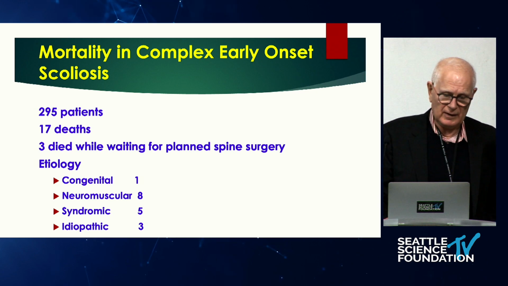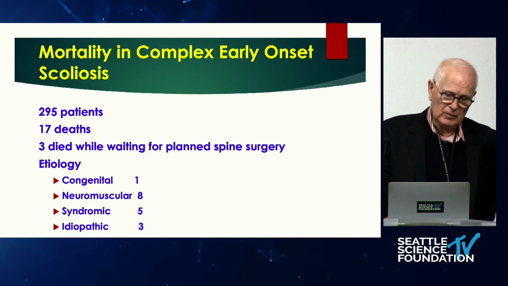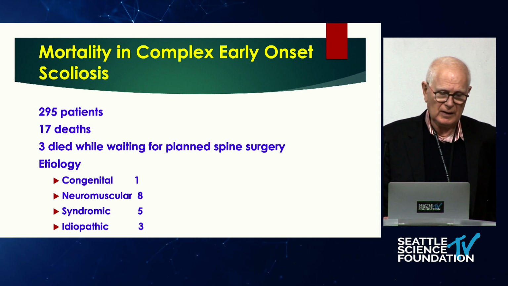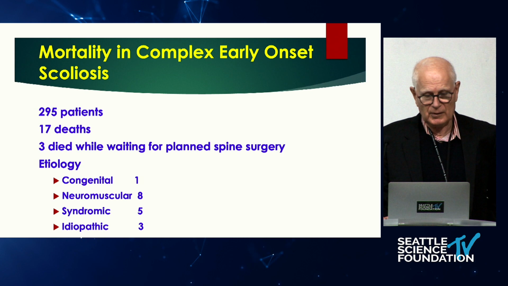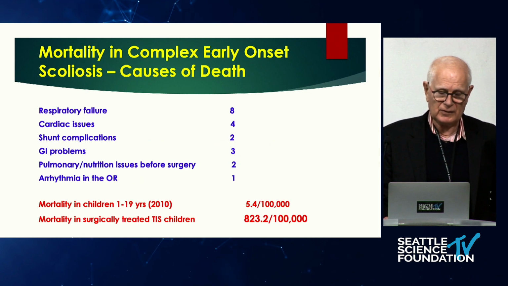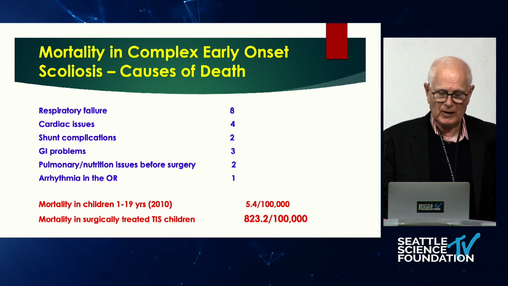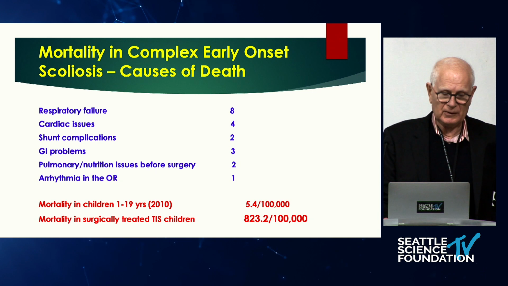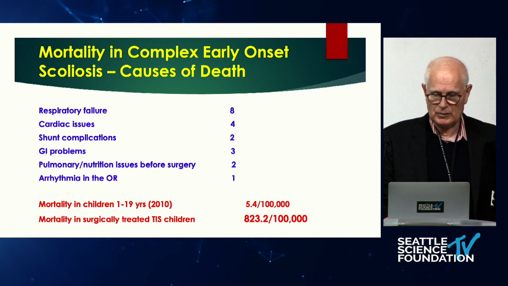John Smith in Salt Lake City collected cases from Bob Campbell and other institutions, and came up with 17 deaths in about 300 patients, and a variety of etiologies. Those were all kids with early onset and thoracic insufficiency. And so you can see the mortality in children is about 5.4 per 100,000, but it was more than 100 times higher in this specific age group.